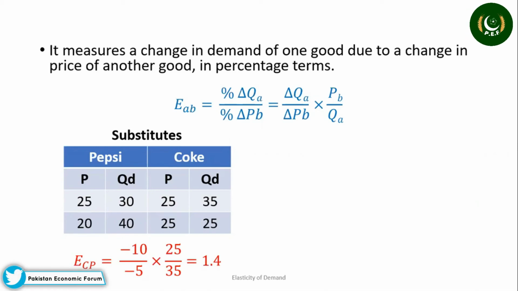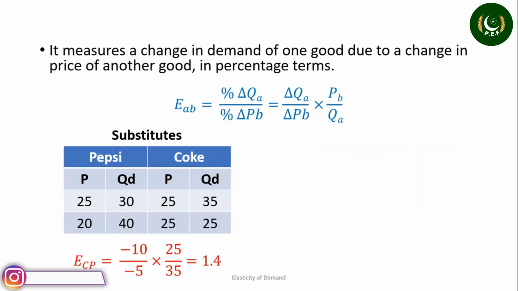Here, Pepsi dropped its price from 25 to 20, whereas Coke kept its price the same. So many consumers who were consuming Coke now shifted to Pepsi.